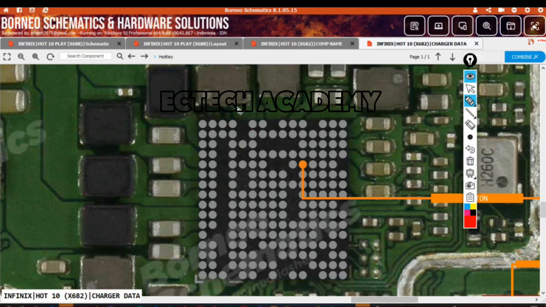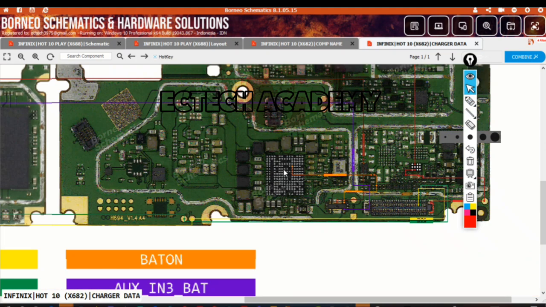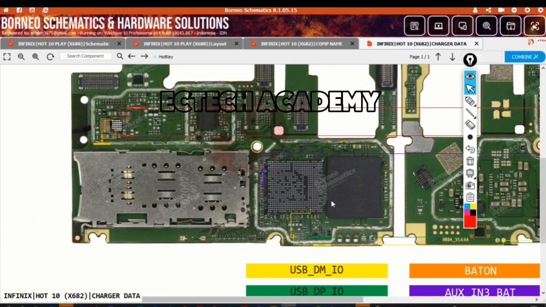In old phones it also was a standalone IC, but it is integrated inside the power IC. That's why around the power IC we also have a buck coil. Okay, all right, so that's not our major class today. So that's the basic of how to trace a charging circuit.